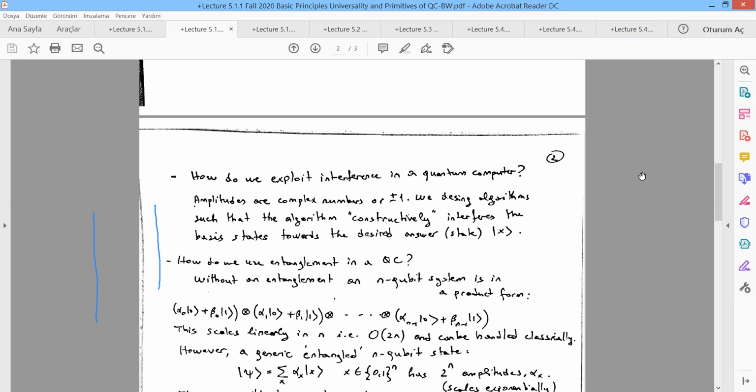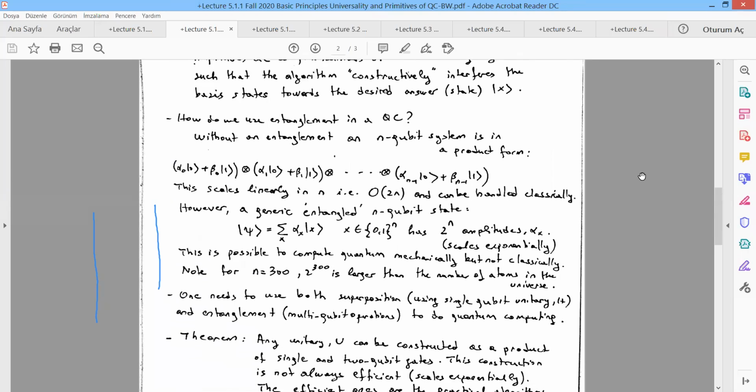All this algorithm does is cause the other basis states to interfere in such a way that the amplitudes constructively add up, so that the resulting answer, when we make a measurement, converges to the actual state that we are expecting from the algorithm. This is how we can exploit the interference property in a quantum computer.